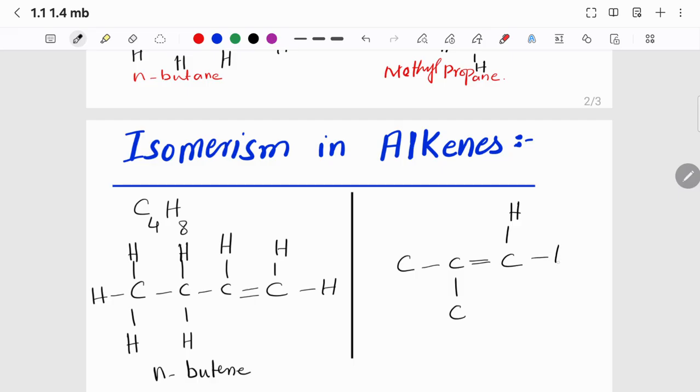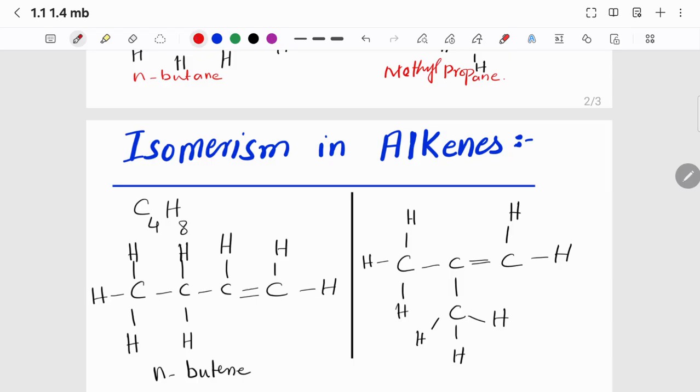Now let me complete its hydrogens. No need of hydrogen here for this carbon number 2, because it already has 4 covalent bonds. Similarly, 1, 2, and 3 hydrogens. Alright, now each carbon has 4 bonds.